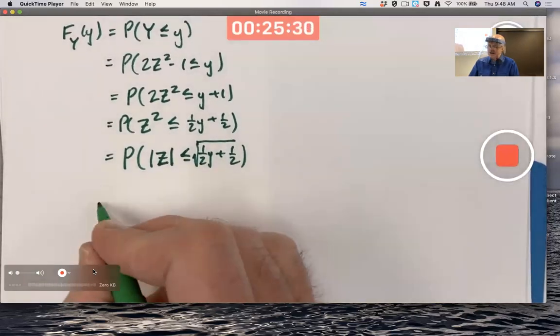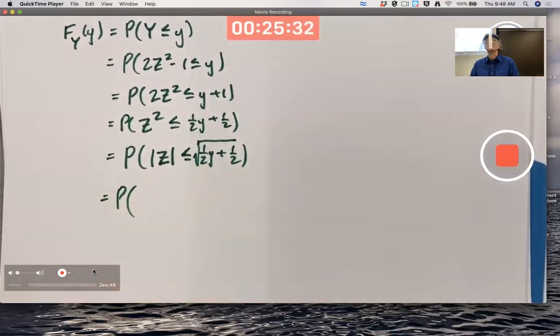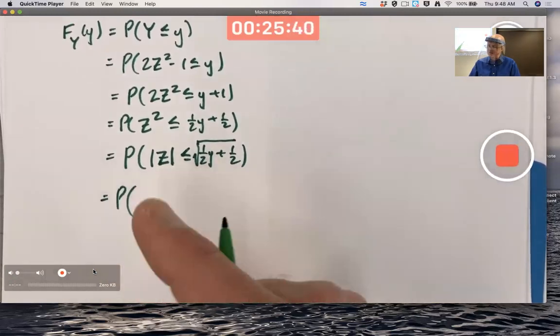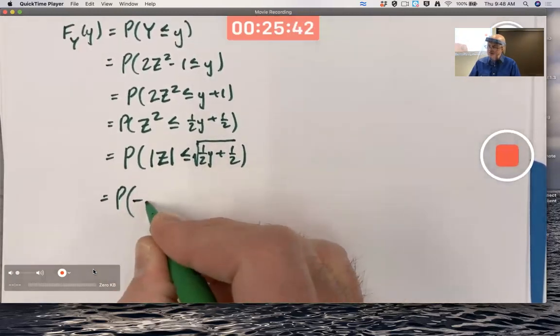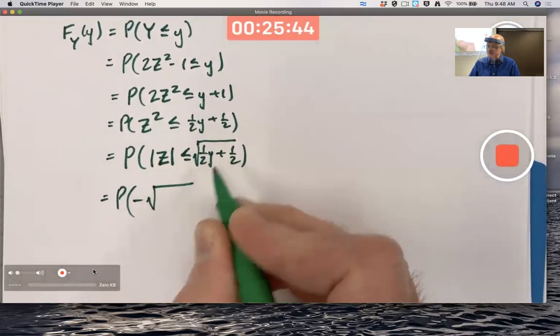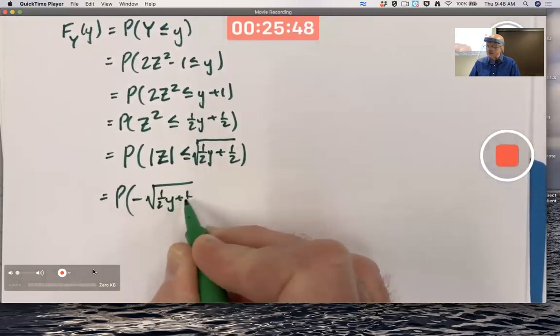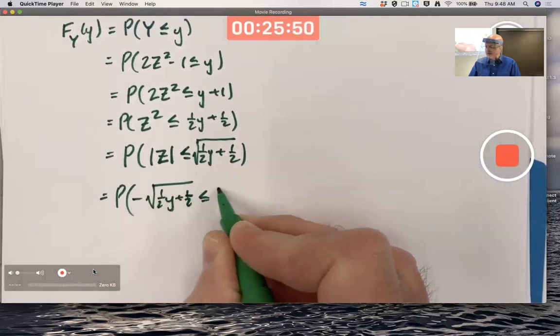Which means Z itself, this is good practice for real analysis if you haven't had real analysis yet: the absolute value of a number is less than or equal to another number. That means the number itself is between the opposite of this number, square root of 1/2 y plus 1/2, and that number itself.